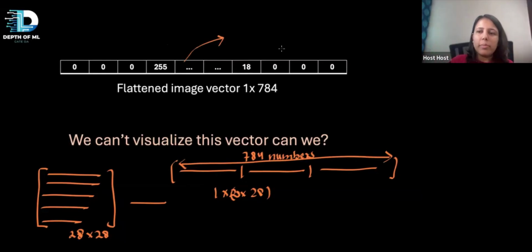Like, will you be able to plot it and visualize it? We can't see things beyond 3D, so we can't visualize this particular vector. But what we can do is dimensionality reduction. What is dimensionality reduction? What is the dimension of this particular vector? Okay, so this is a 784 dimensional vector. Can you plot this?